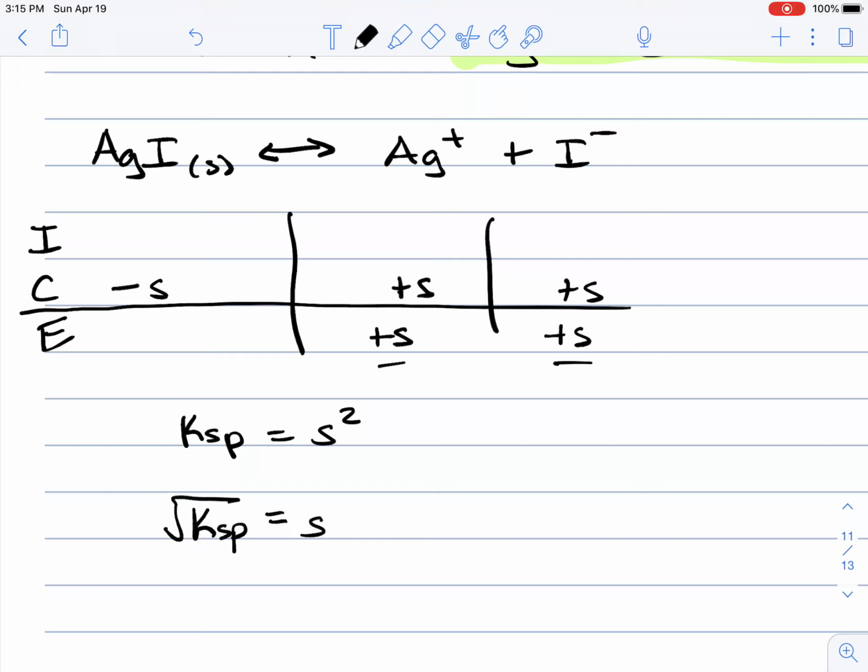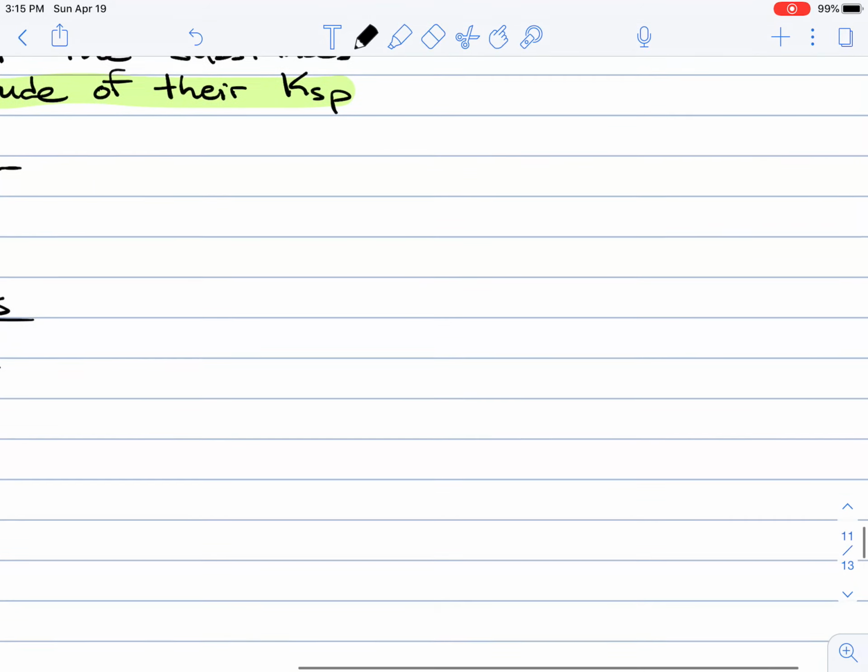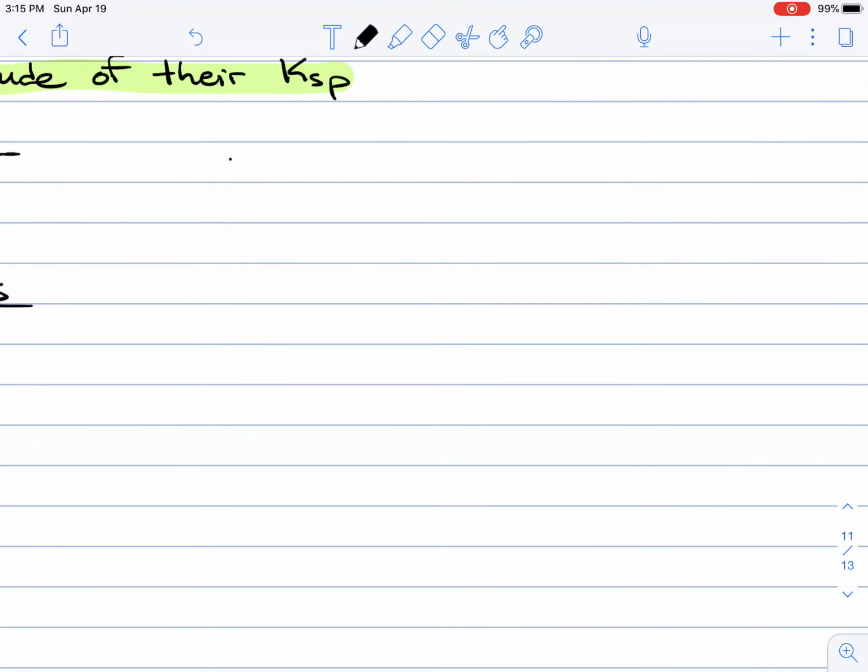I'm going to repeat the same procedure for copper 1 iodide and calcium sulfate. I'm not going to plug in any numbers yet. I just want to look at the equations and the ICE tables. So here we have copper iodide, our solid, and it will produce copper plus and iodide minus. Once again, I'm going to exclude the physical states of matter because everything here is aqueous.